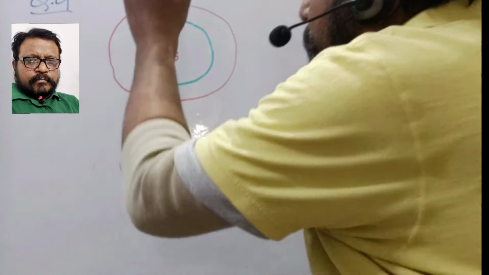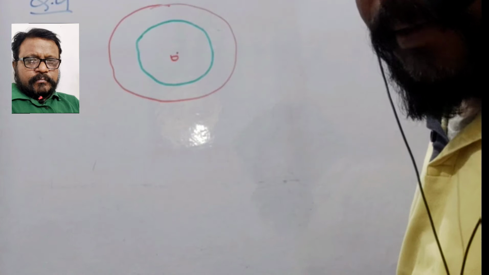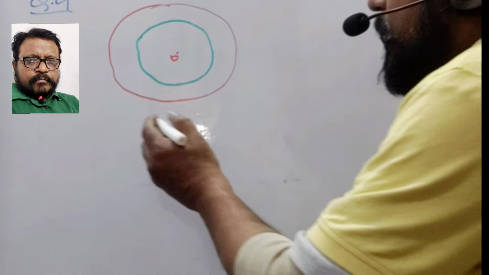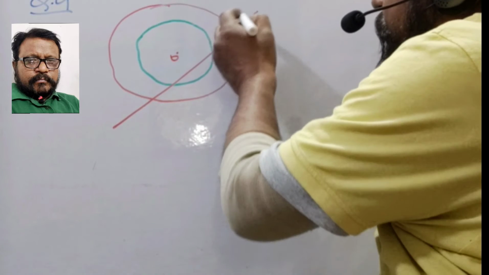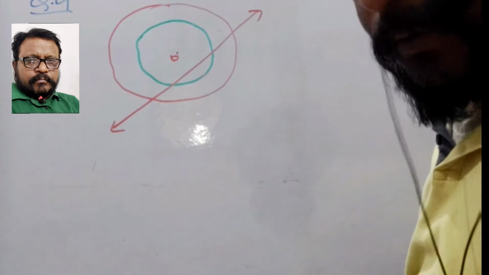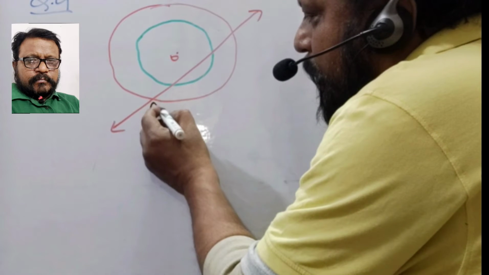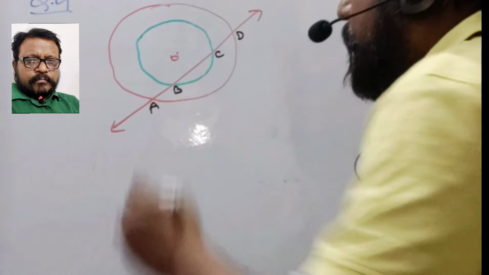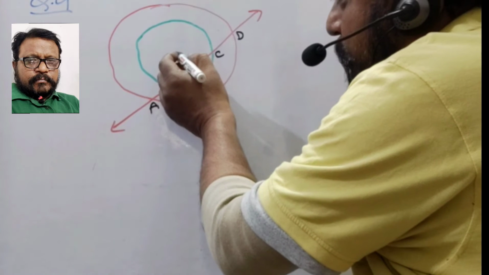So these are the two concentric circles with center O, and there is a chord joining two points on the circumference of the circle, not passing through the center. The chord has points A, B, C and D. The outer circle intersects the chord at points A and D, and the inner circle intersects the chord at B and C.